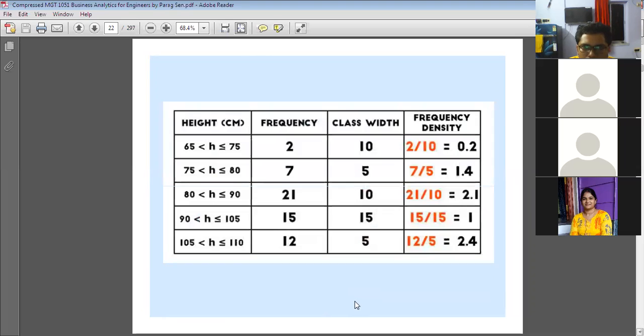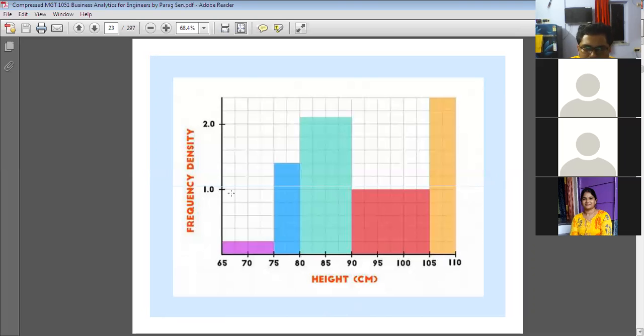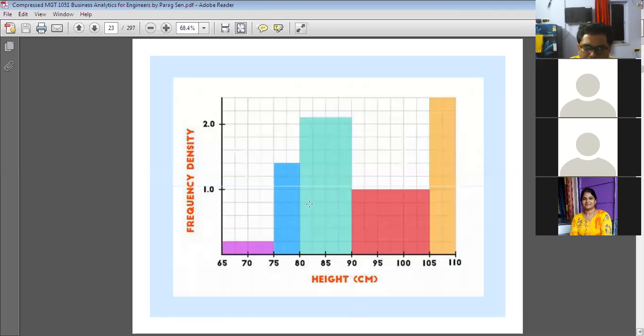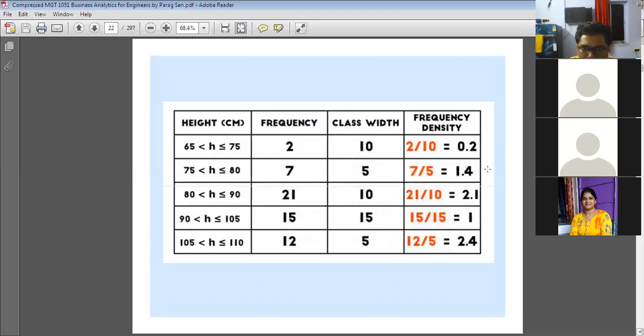That means 1.4, because there are 5 columns and you are taking each row as 0.2. So here the total area is representing the frequency.